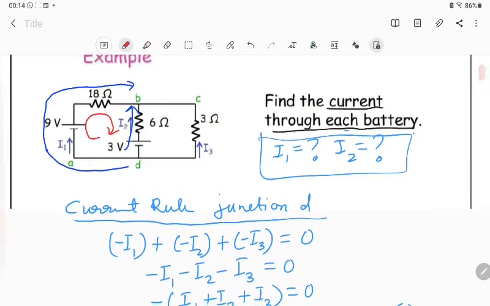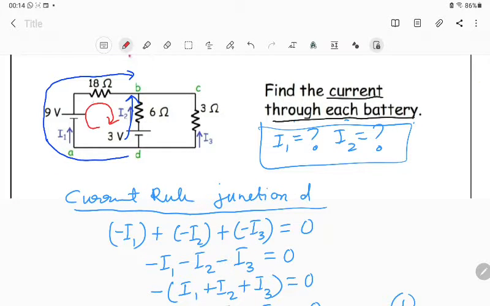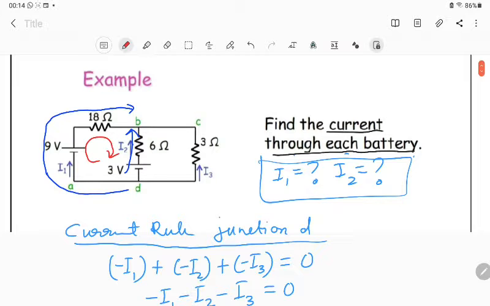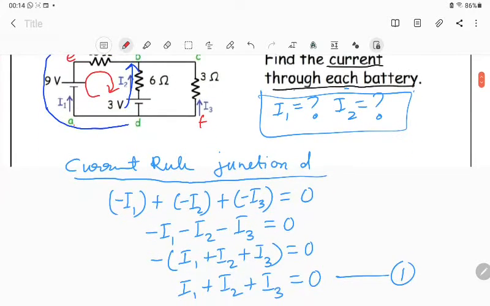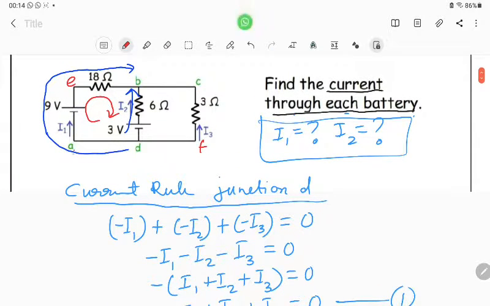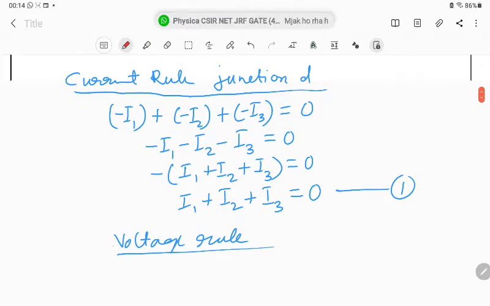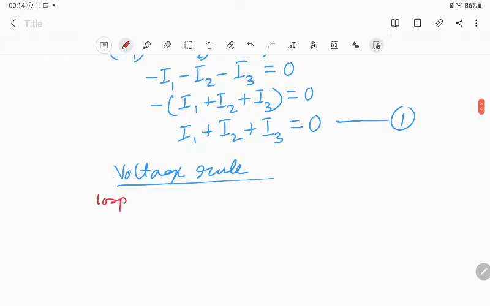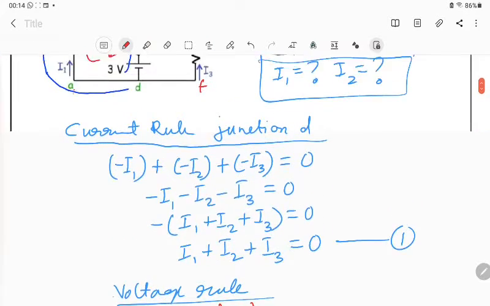Let's say this is A, B, C, D. Let's make this E and F. The first loop is A, E, B, D, A. So it is making one loop, starting from A and ending at A.